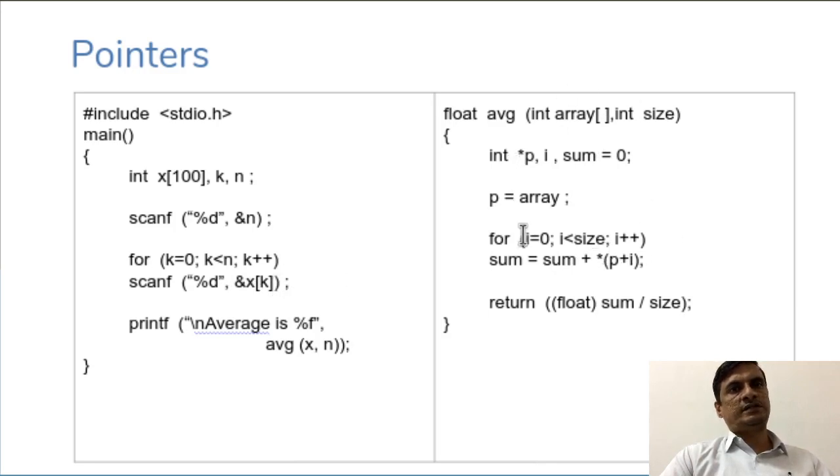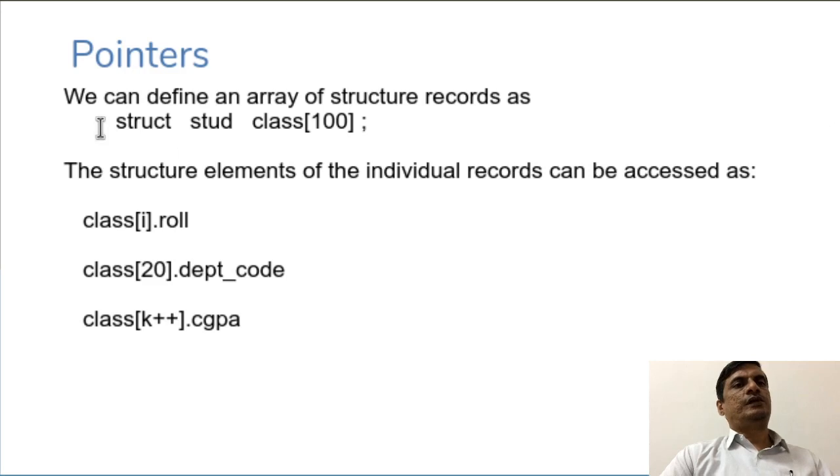Star of p plus i, when i equal to 0, then the base address or the first element is going to be accessed. When i is equal to n, then the nth index value is going to be accessed. That is how pointers work with respect to single dimensional arrays. This simple explanation also applies when you define a structure.